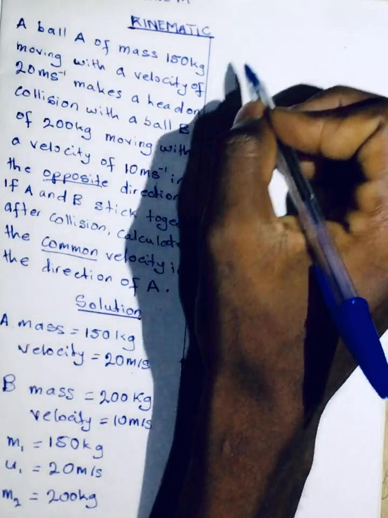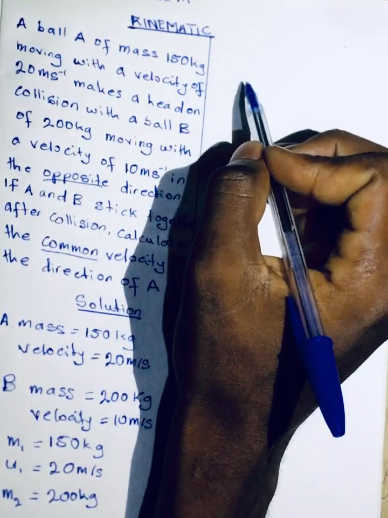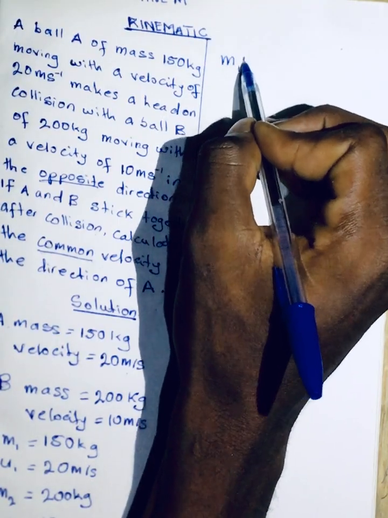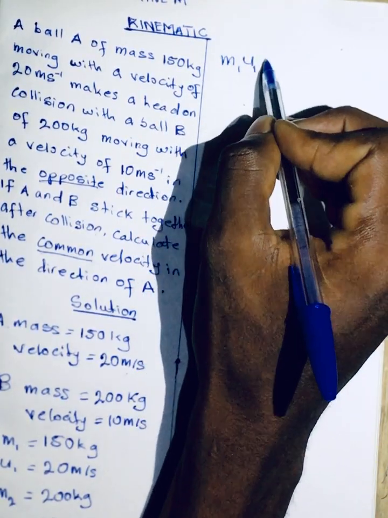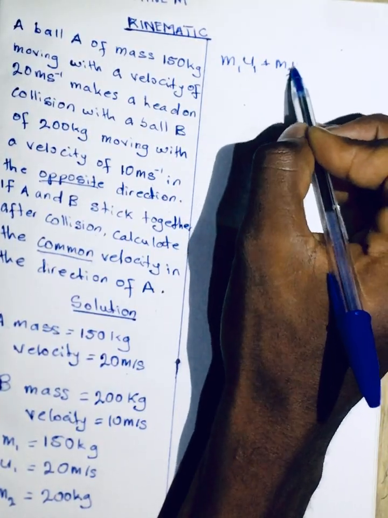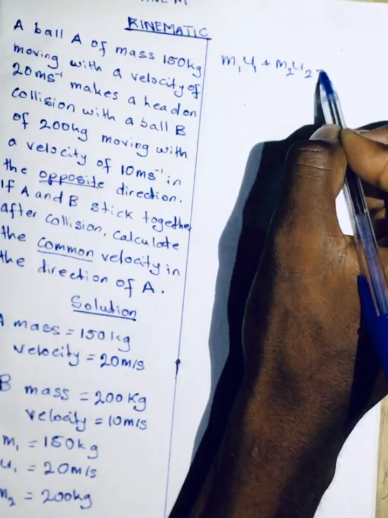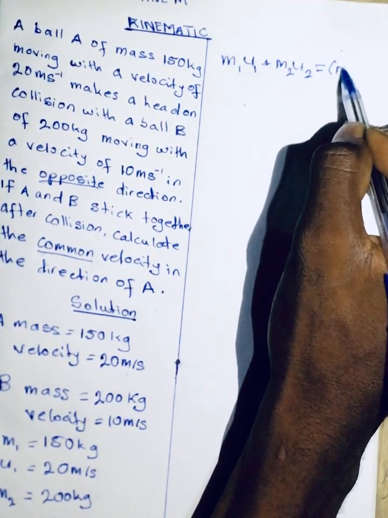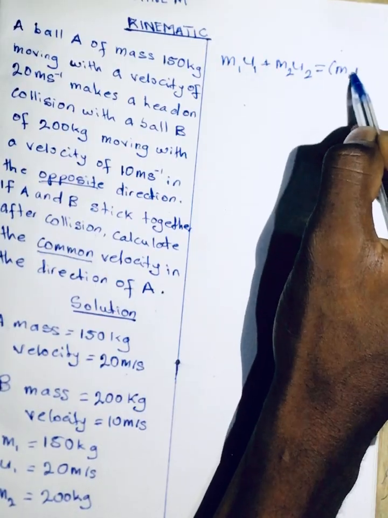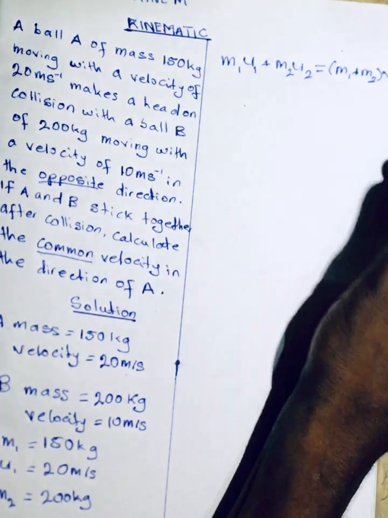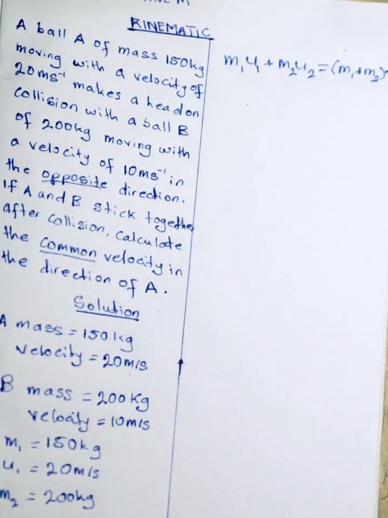So in the inelastic collision, to find the common velocity, we have the formula: m1 times u1 plus m2 times u2 must be equal to bracket m1 plus m2 times the common velocity, which is v.